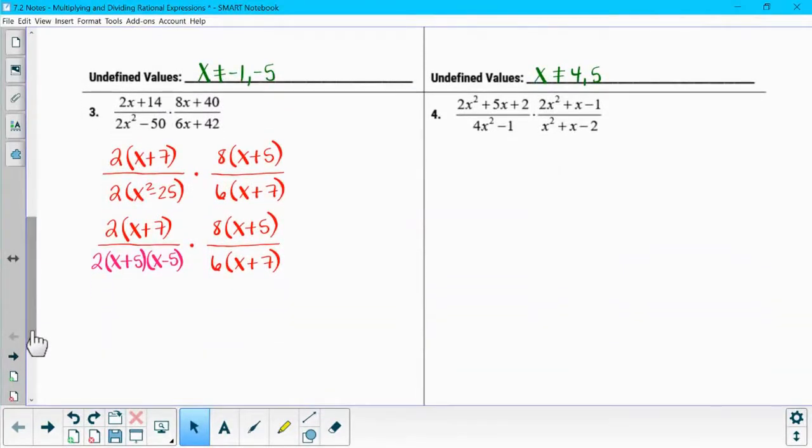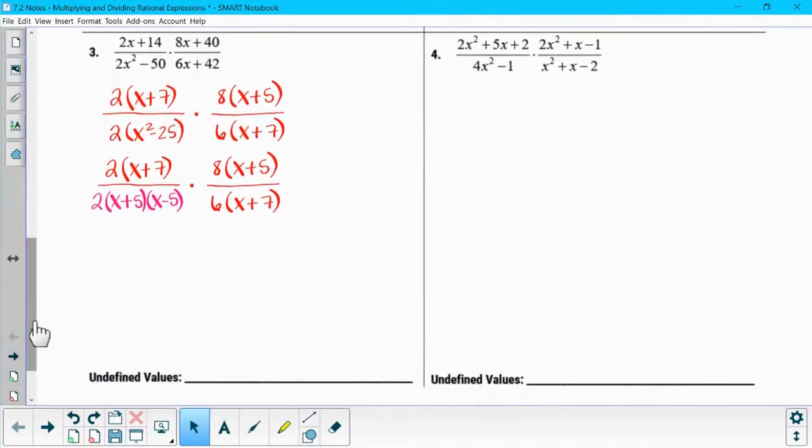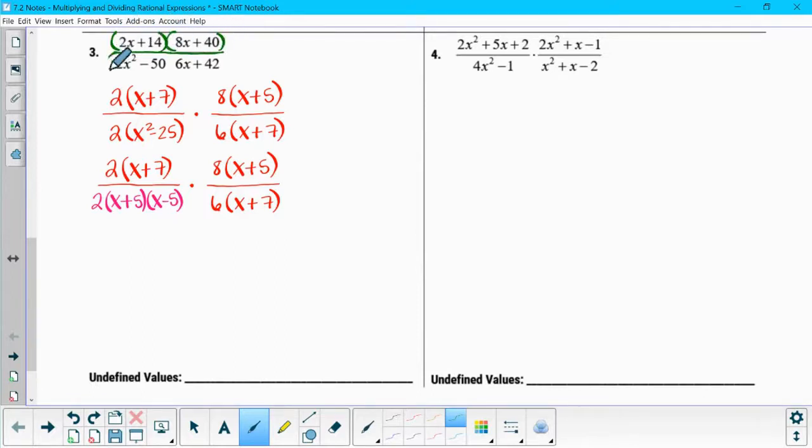But remember, the nice thing about multiplication of fractions is when I do it, basically, I get one big numerator and one big denominator.